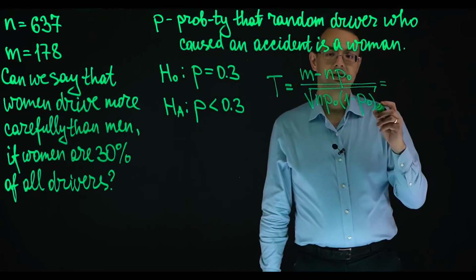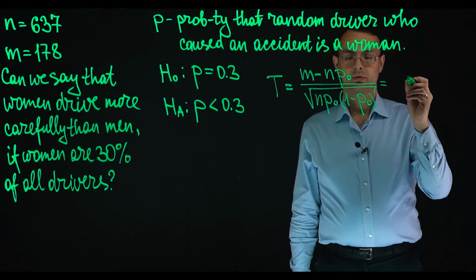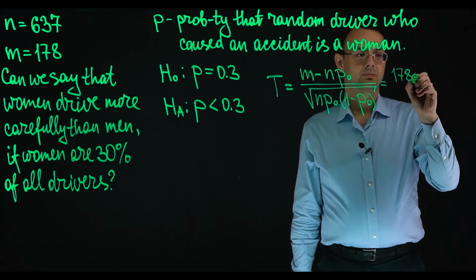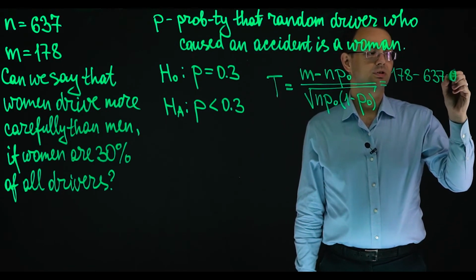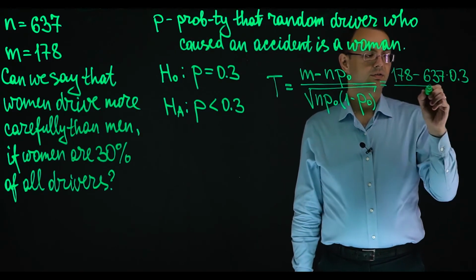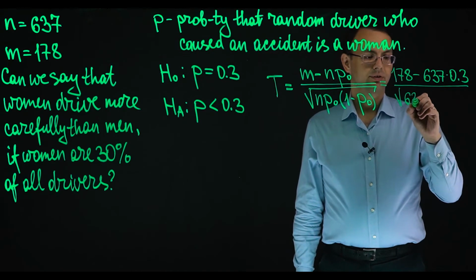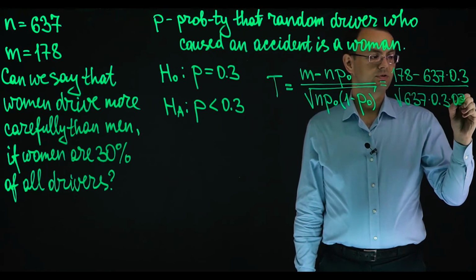So this is 178 minus 637 times 0.3, divided by the square root of 637 times 0.3 times 0.7.